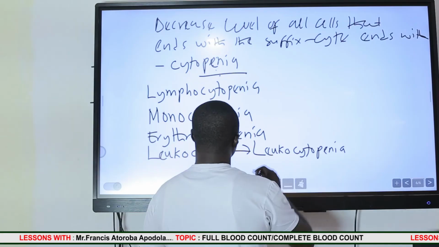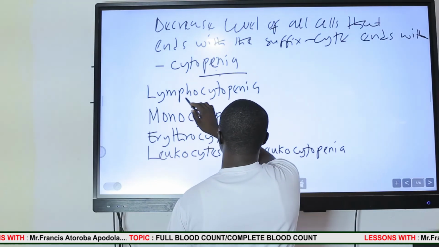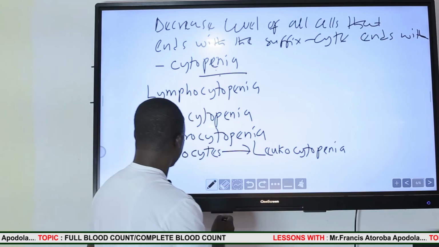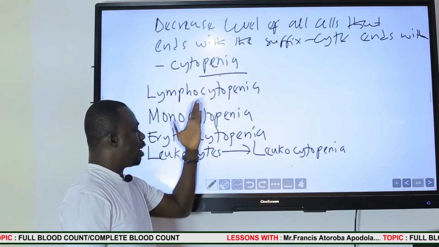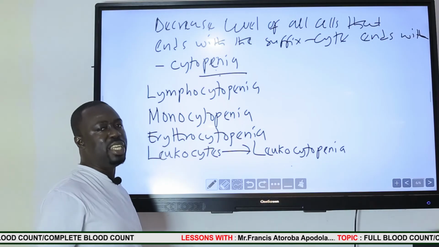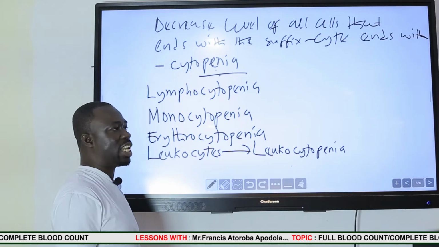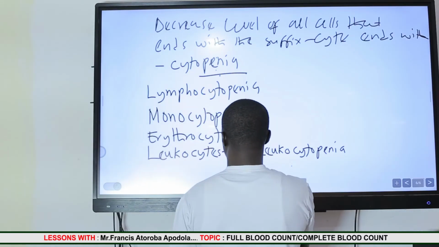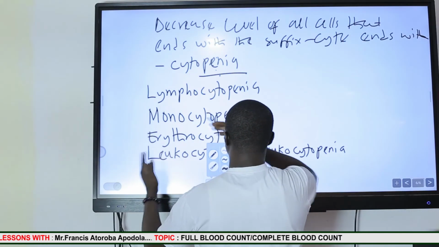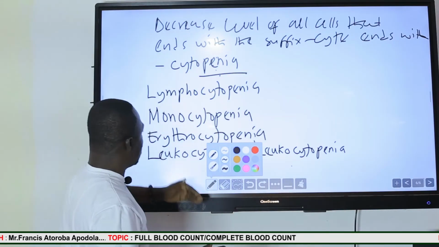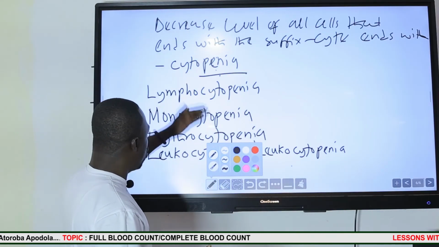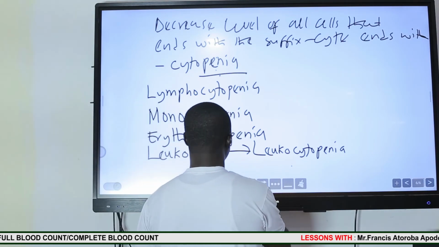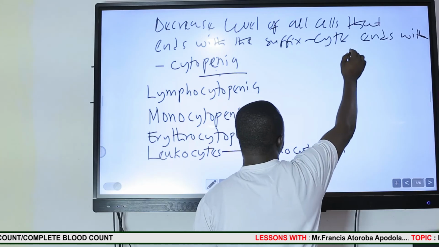Sometimes leukocytopenia can be shortened as leukopenia. So some books actually indicate shortening as leukopenia or lymphopenia. But typically, the terms that refer to decreased levels of all cells that end with cyte will end with the suffix cytopenia. Now let's look at those that end with phil.